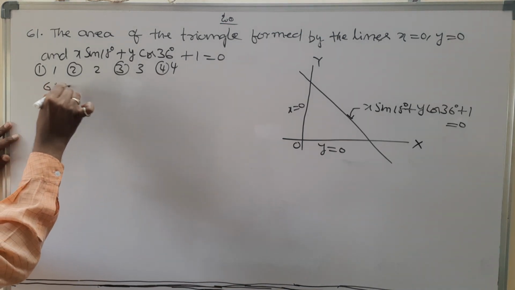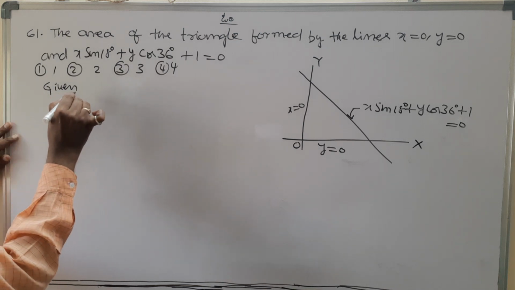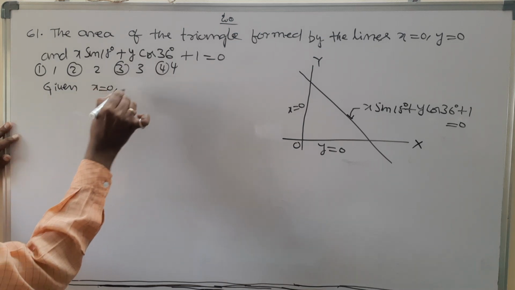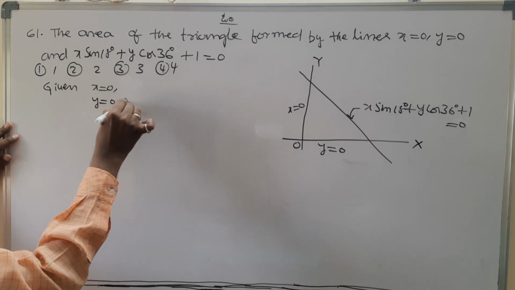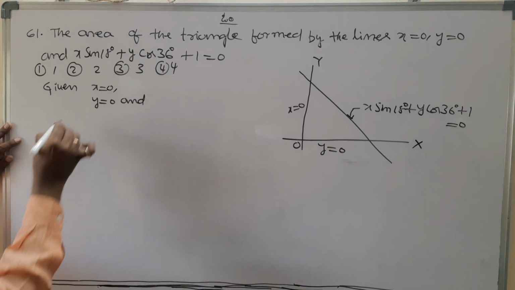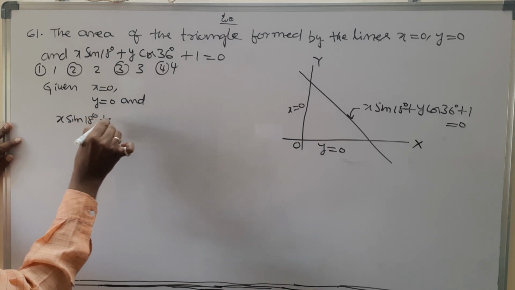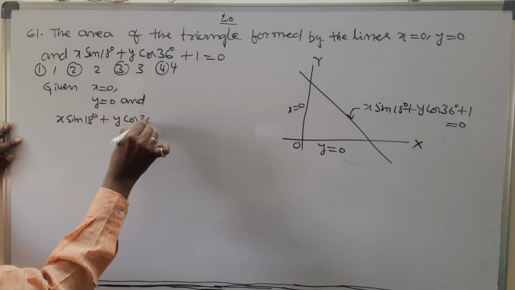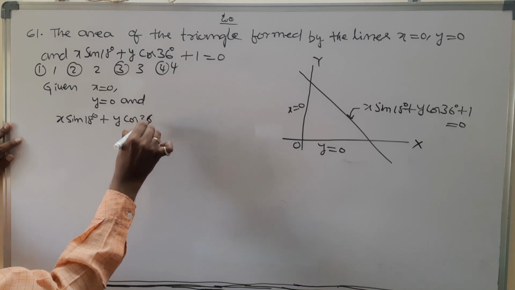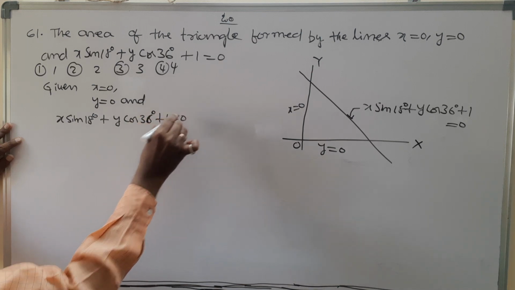Given x equal to 0, y equal to 0 and x sine 18 degree plus y cos 36 degree plus 1 equal to 0.